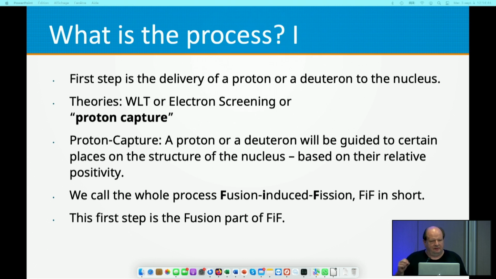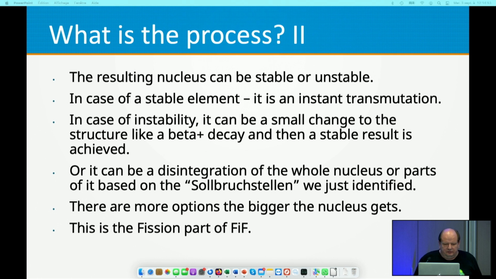So we add something to the nucleus, and then it might be done or something might happen. So this resulting nucleus might be stable or might be unstable. In case of a stable element, it is basically an instant transmutation. Nothing is going on, it just changes. In a case of an instability, it might be just a small change.